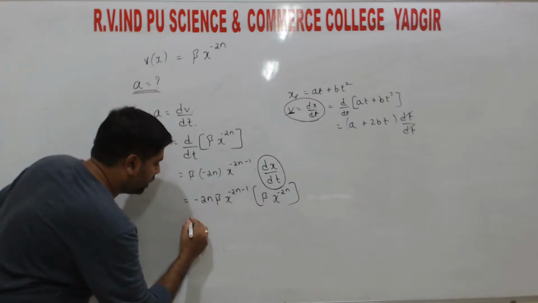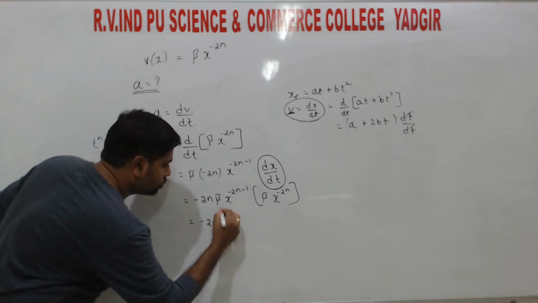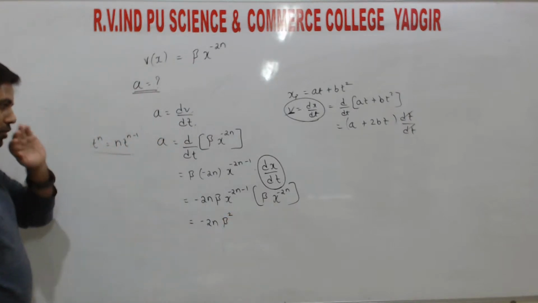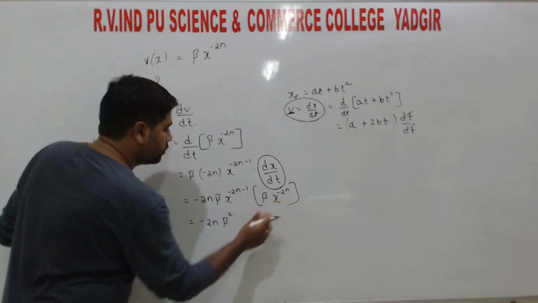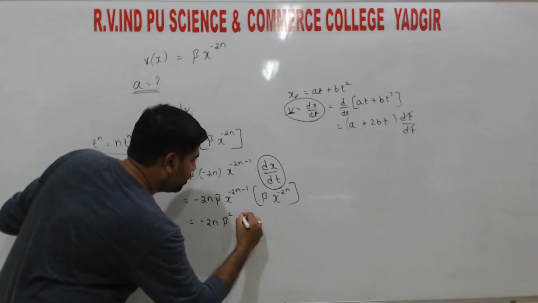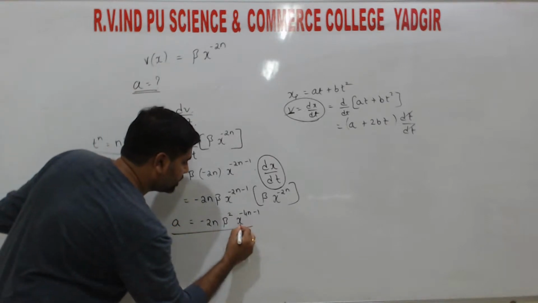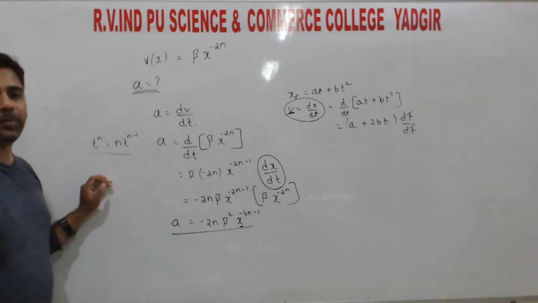So beta into beta, keeping as is, minus 2n beta square, x power minus 4n minus 1. So this gives what? Acceleration in terms of displacement.